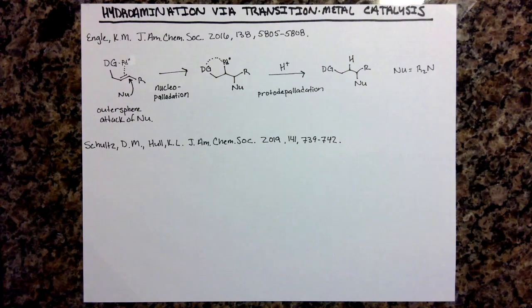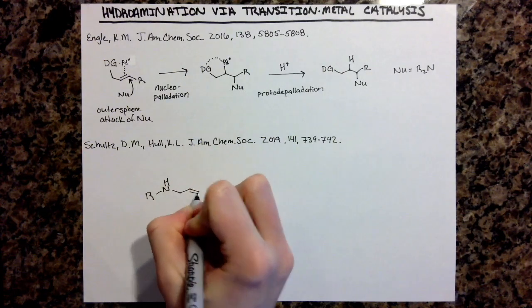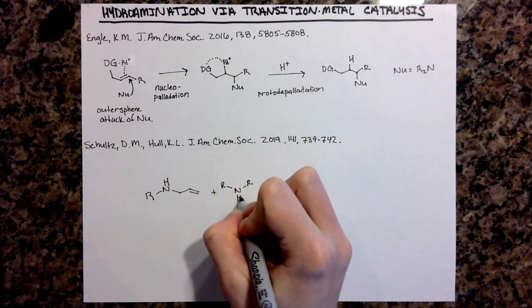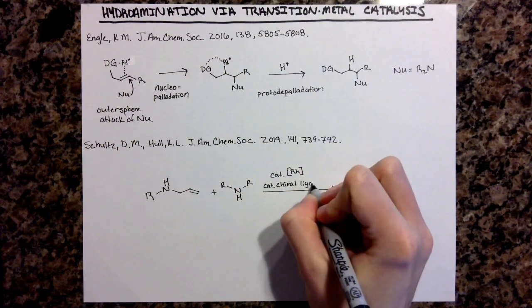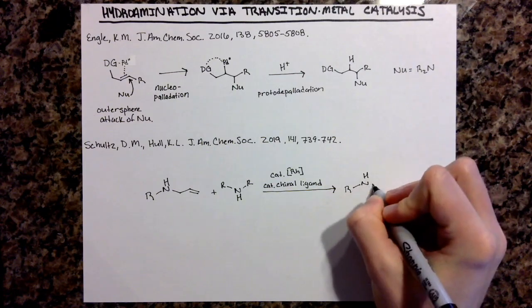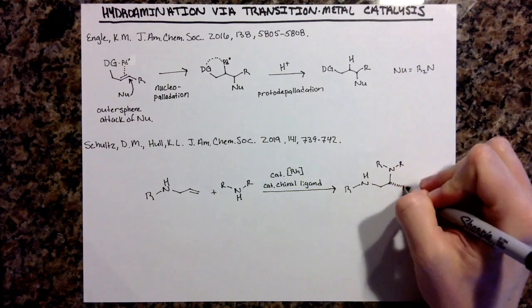So another similar paper that goes about addressing some of these challenges that are present in Kiri Ingles' paper is by the group of Cami Hull in collaboration with scientists at Merck. And they discovered a hydroamination reaction to form 1,2-diamines through the use of allylamines.